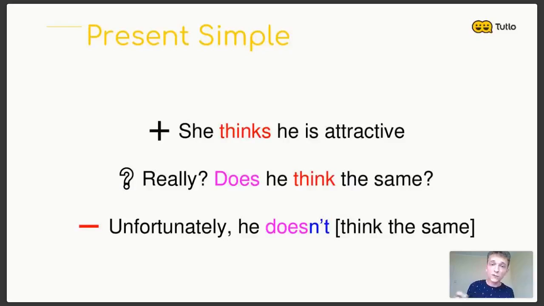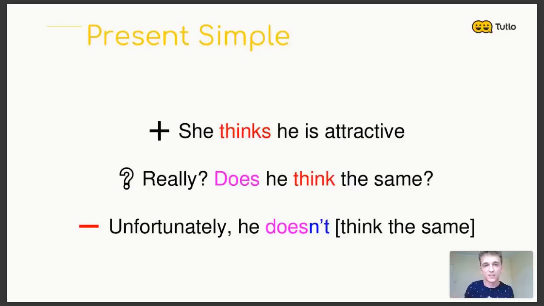So, she thinks he's attractive. Really? Does he think the same? Unfortunately, he doesn't. It's like life, it happens. So here you can see that the structure is more or less the same, just inversion when we talk about the question, and in negative form we add not.